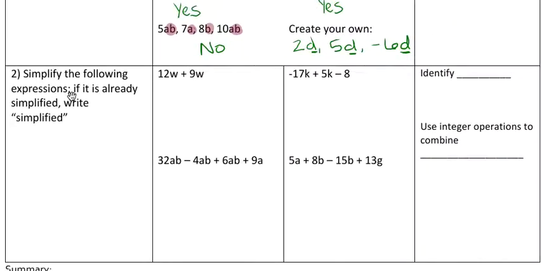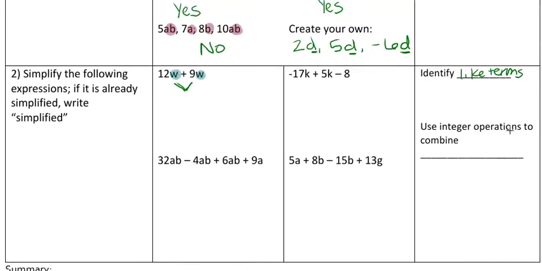Okay, so for number 2, we're going to simplify the following expressions. If it's already simplified, we'll write simplified. So first thing we're going to do is identify like terms. In this problem, I have a w and a w. Because this variable is w, w, these are like terms, which means I'm going to add them together.